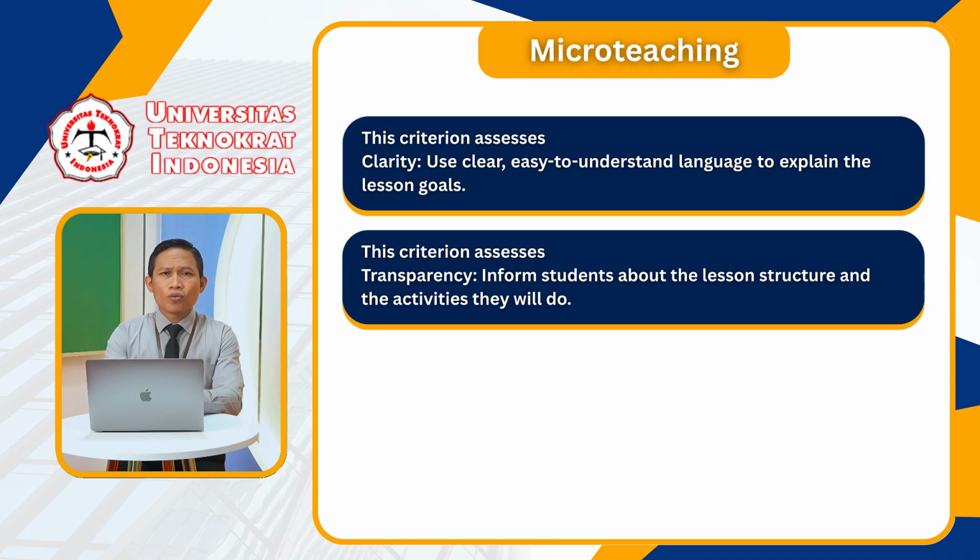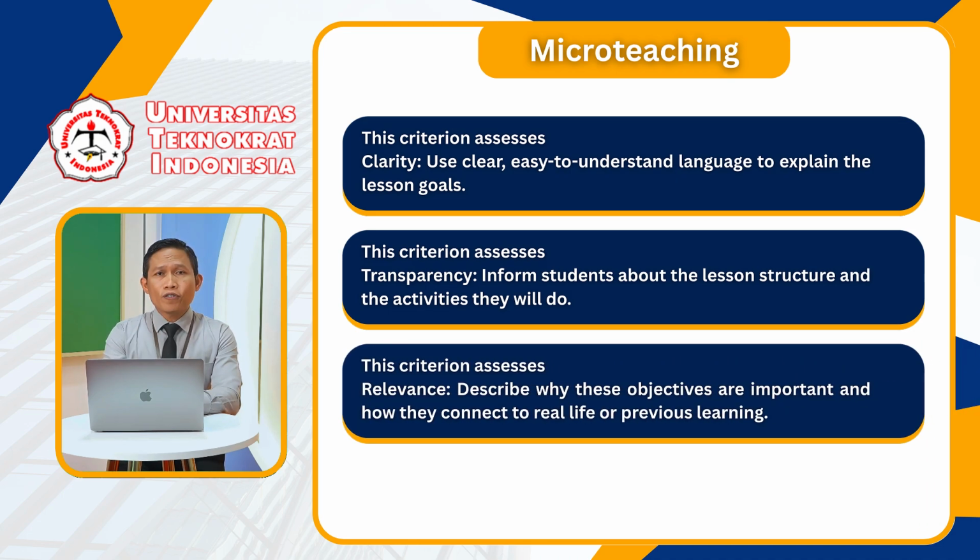Let students know the structure of the lesson, of what activities they will engage in in the class. This criterion also assesses relevance. In this case, you have to explain why these objectives are important and how they connect to real life or previous lessons.